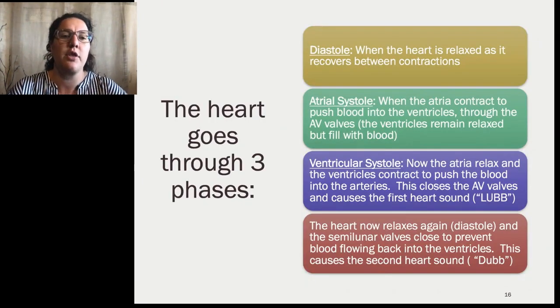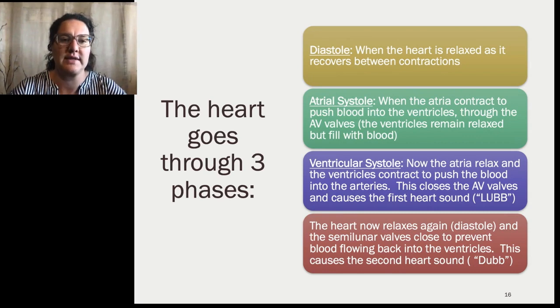So the heart goes through 3 phases. It has a diastole phase when the heart is relaxed as it recovers between contractions. Atrial systole is when the atria contract to push blood into the ventricles through the atrioventricular valve. And ventricular systole is when the atria relax and the ventricles contract to push blood into the arteries. This closes the atrioventricular valve and causes the first heart sound, lub.